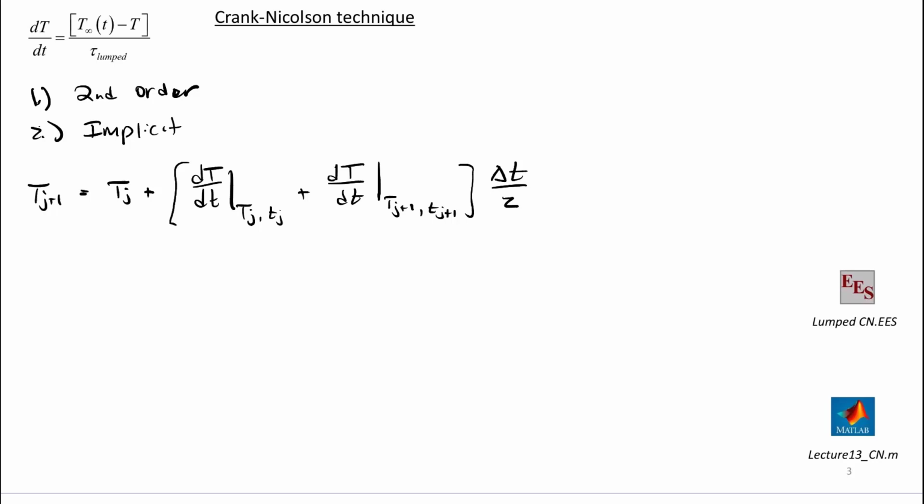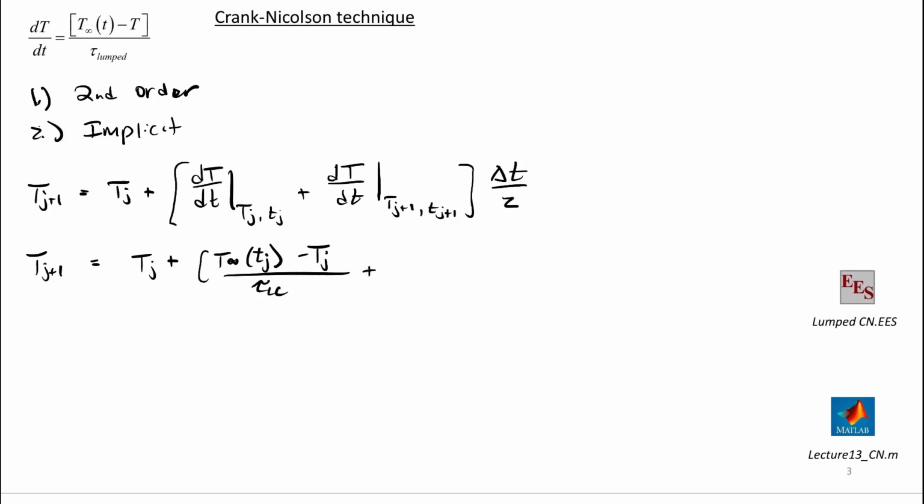Okay, for this one, let's see if we write it out. For our actual problem, it becomes Tj plus 1 is equal to Tj plus T infinity, I'm just going to write T infinity shorthand there. We know it's a function of time, but we have to evaluate it at a certain time, right? So T infinity at time step j, minus temperature j divided by tau LC, which is a constant.